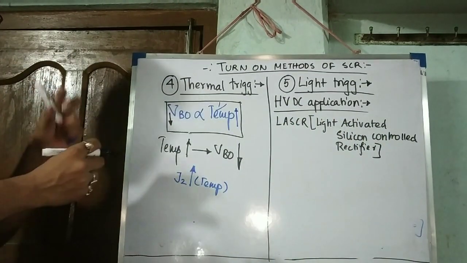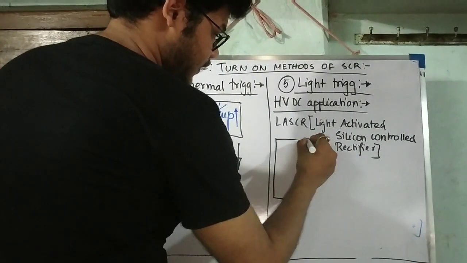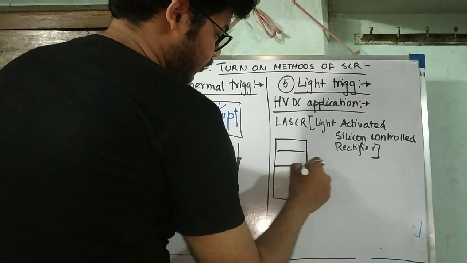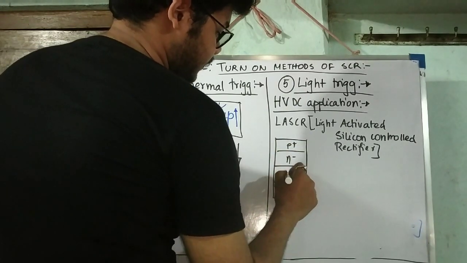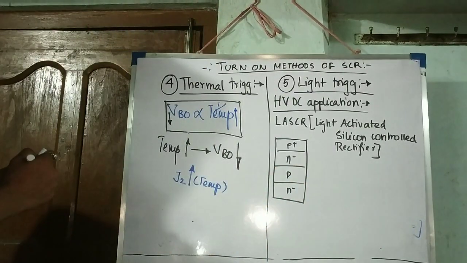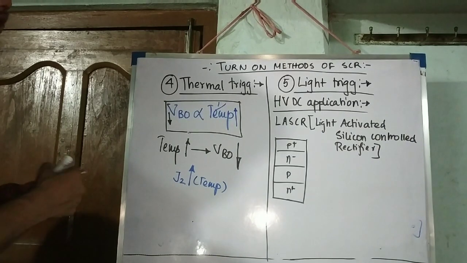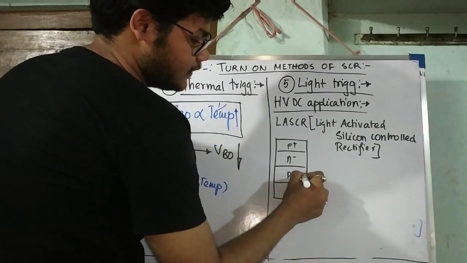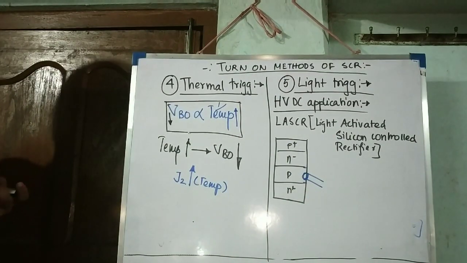So how is that achieved? A recess, which means a small hole, is constructed across your P+ N- P N- N+. A small hole or a recess is made over the gate terminal.